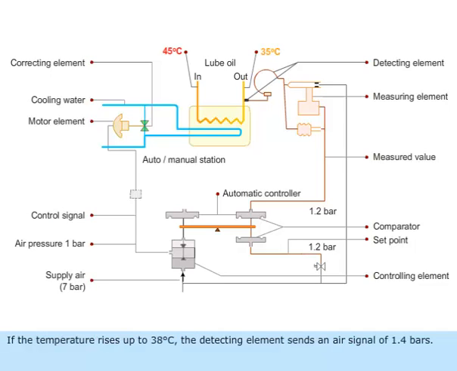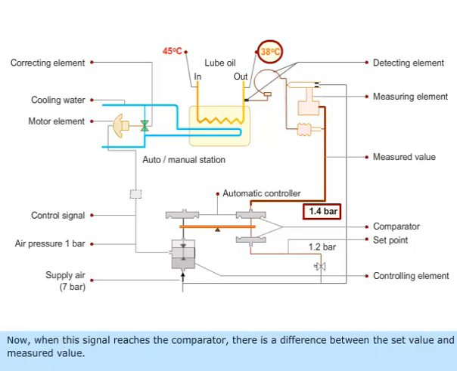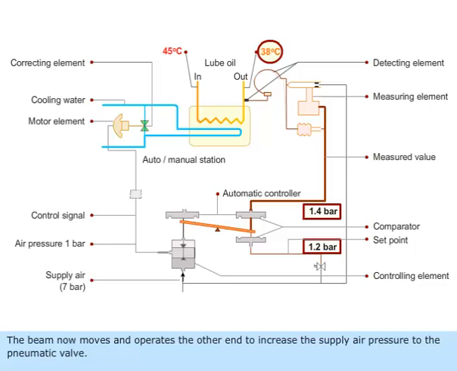If the temperature rises up to 38 degrees Celsius, the detecting element sends an air signal of 1.4 bars. Now, when this signal reaches the comparator, there is a difference between the set value and the measured value. The beam now moves and operates the other end to increase the supply air pressure to the pneumatic valve.